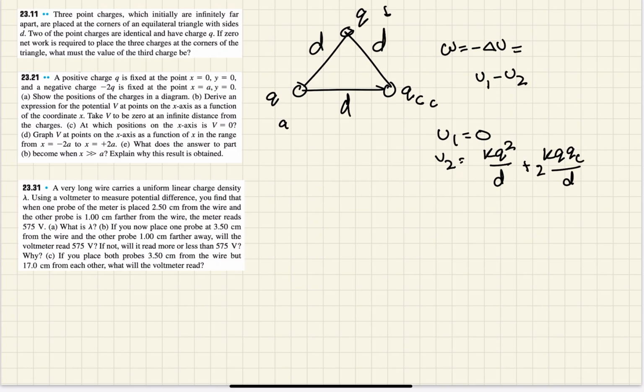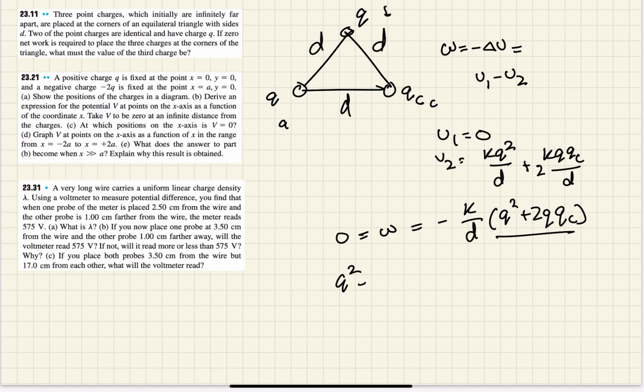Which means that you can take out a k over d times Q squared plus 2Q QC. Since it's U1 minus U2, the negative of this is equal to the work, which is equal to 0. And so that means this is equal to 0.